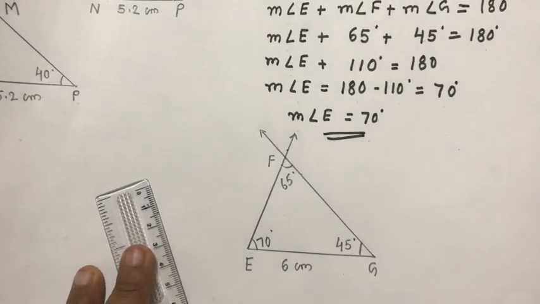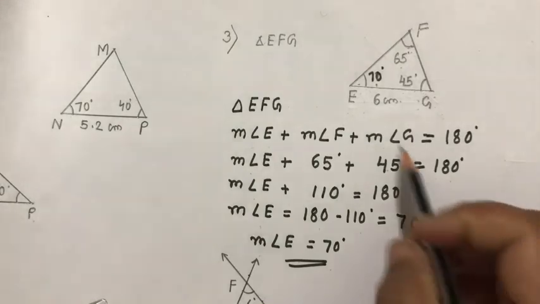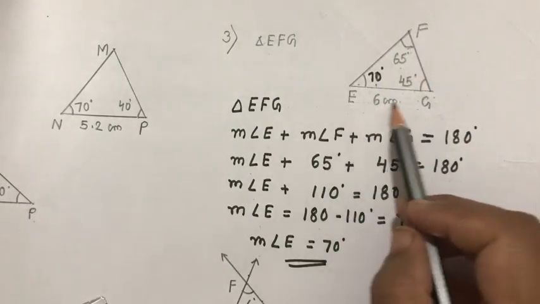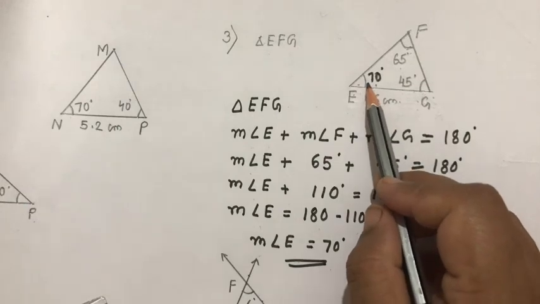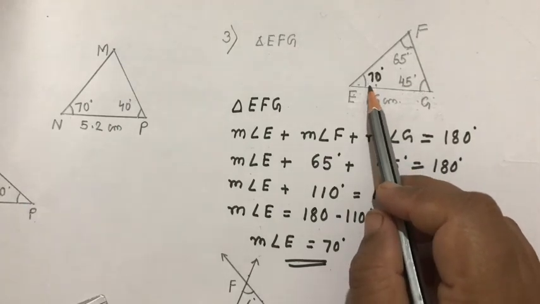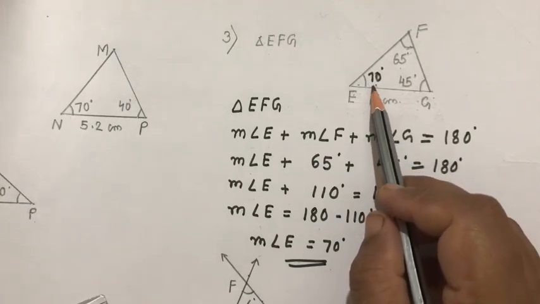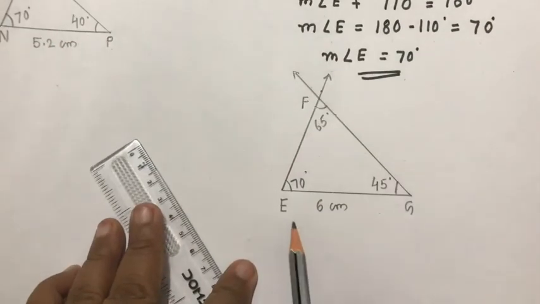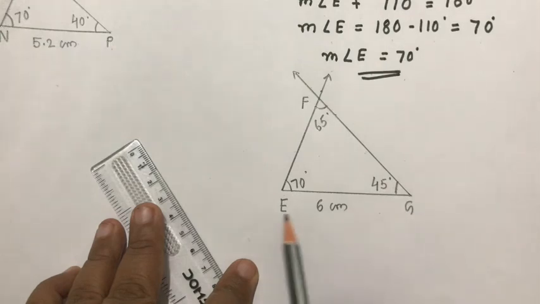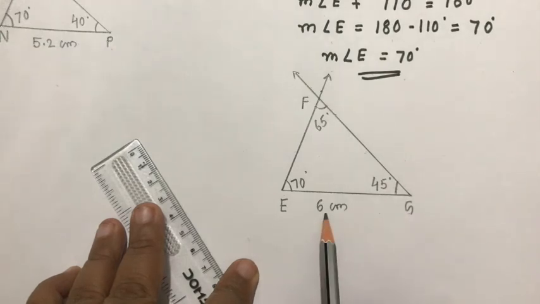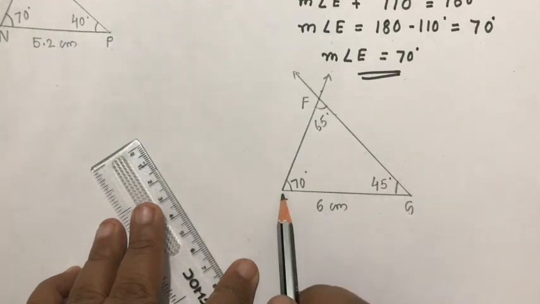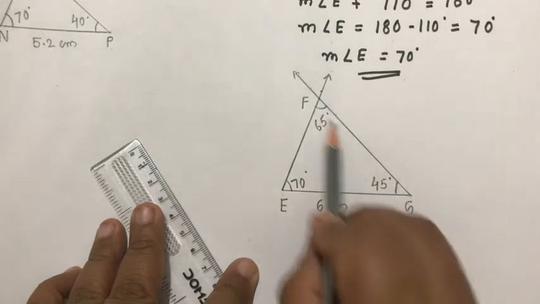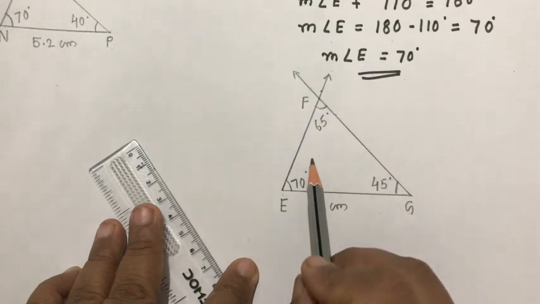So, what you need to do, you have to draw a rough figure, and in that rough figure base EG was given 6 cm, angle E was not given. So we need to find out angle E, that is of 70 degree. Then first of all you have to draw EG of 6 cm, draw angle E of 70 degree, angle G of 45 degree, where both these rays are intersecting.